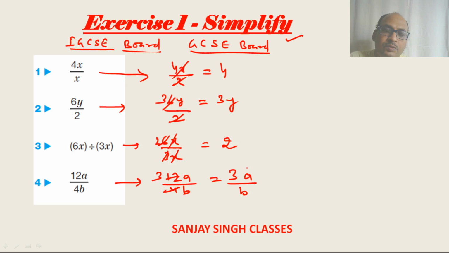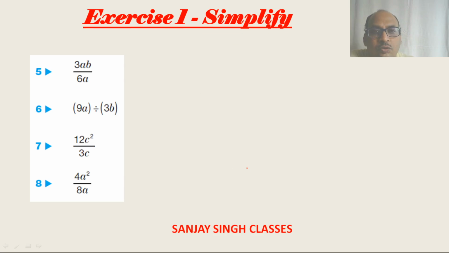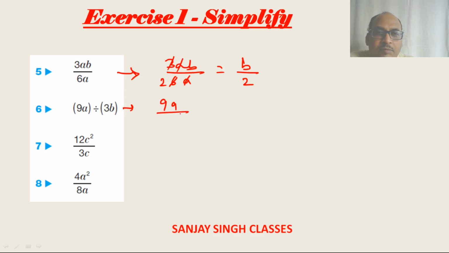Next question is 3ab by 6a. This a got cancelled and 3 twos are 6, so it will become b by 2. Similarly here 9a by 3b. So 3 threes are 9 and it is becoming 3a by b.